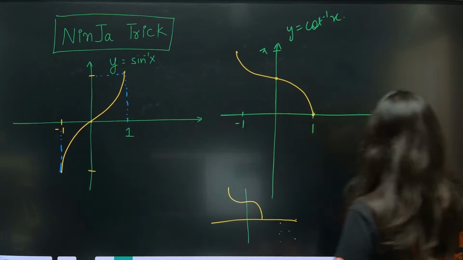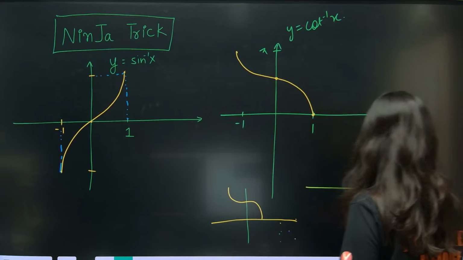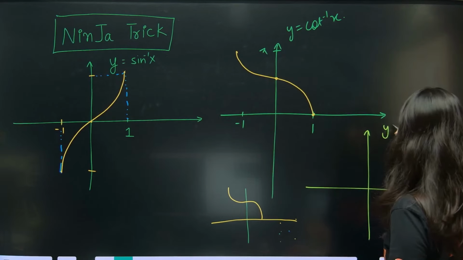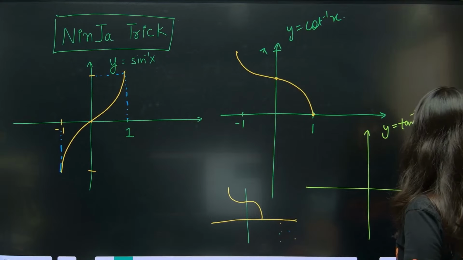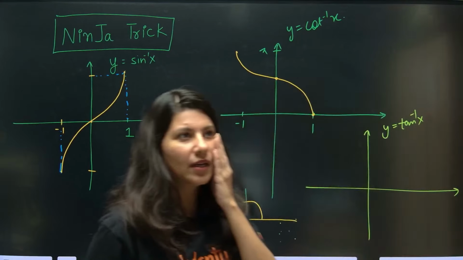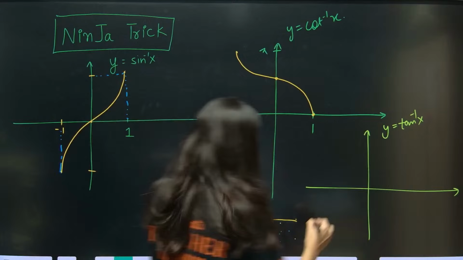Now the third graph, which is tan inverse, you also have to remember. y is equal to tan inverse x. The domain of tan inverse x is minus infinity to plus infinity, and the range is minus pi by 2 to pi by 2.